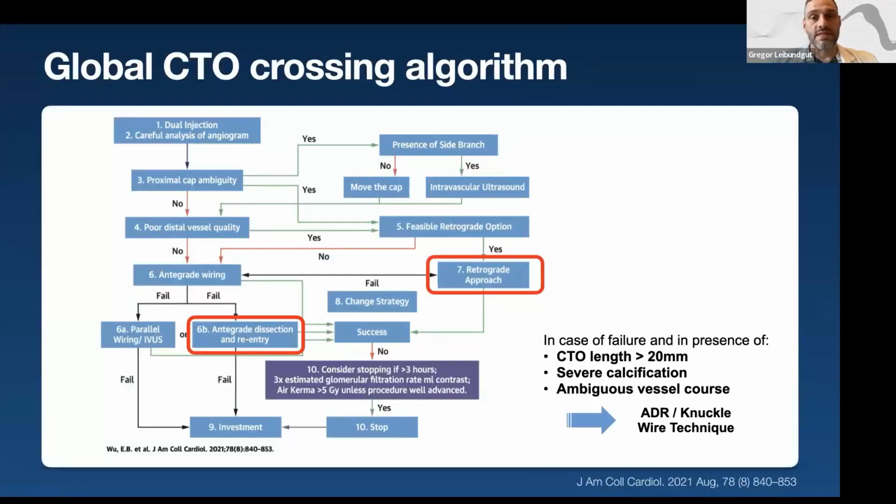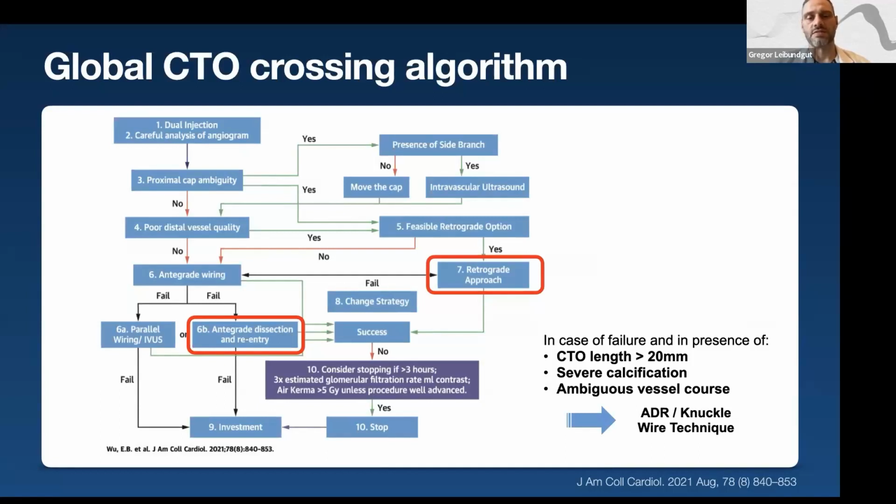This is also represented in most of the CTO algorithms, and I just had the Euro CTO algorithm, but I changed it to the recently published global CTO crossing algorithm. And it basically shows you that whenever antegrade wiring fails, you will then end up in an antegrade dissection and re-entry strategy.